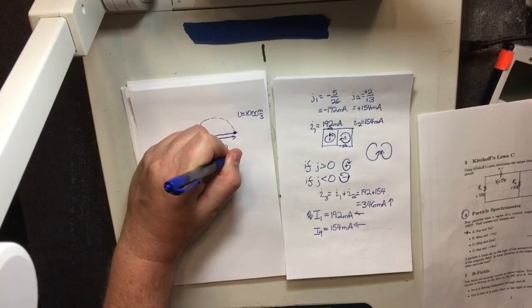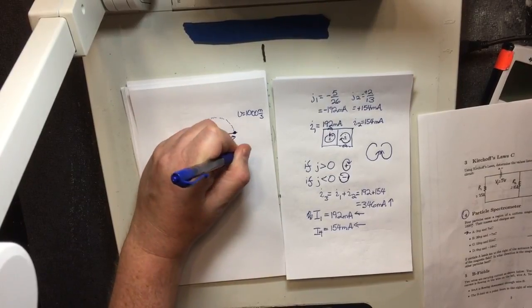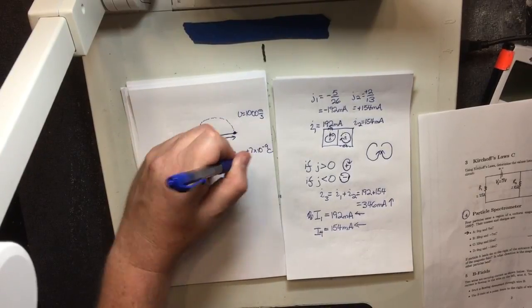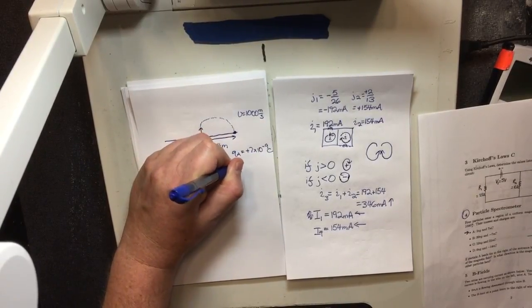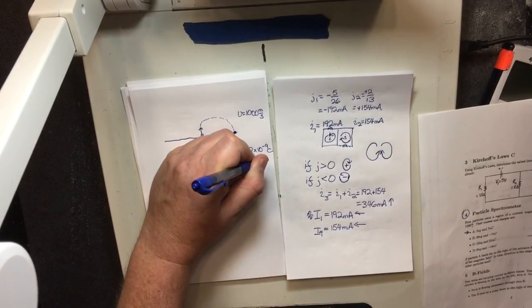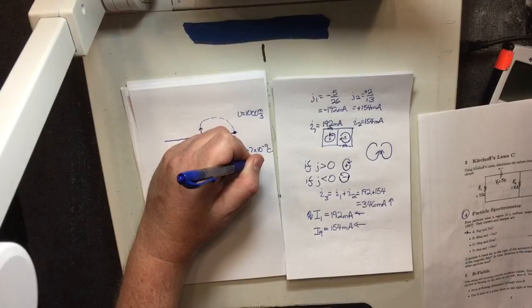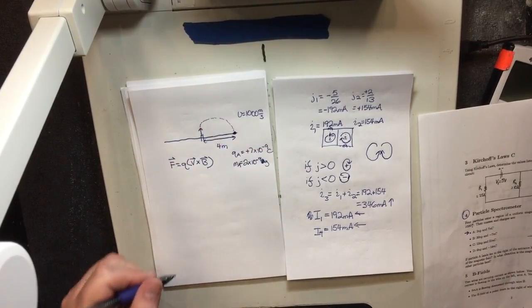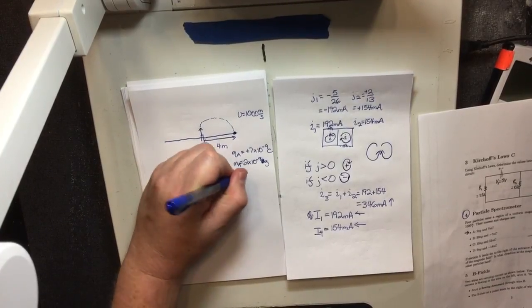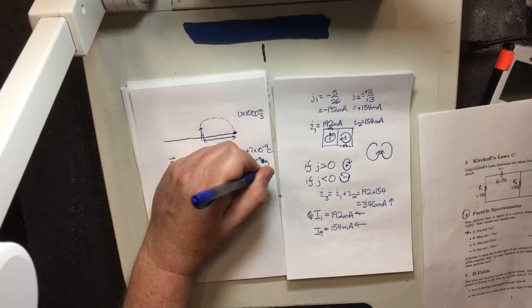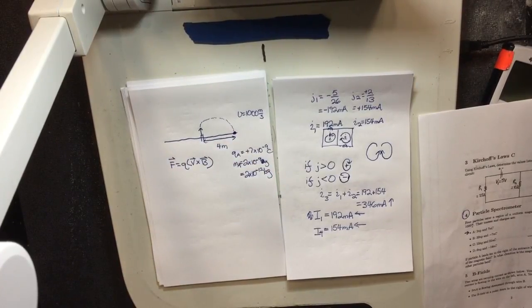The charge of A is positive 10 times 10 to the negative 9th coulombs, and the mass of A is 2 times 10 to the negative 9th grams, which means this is 2 times 10 to the negative 12th kilograms. So you need to have the masses in kilograms.